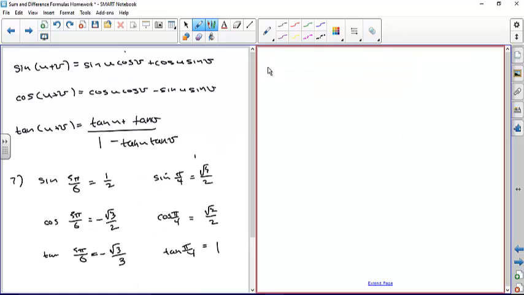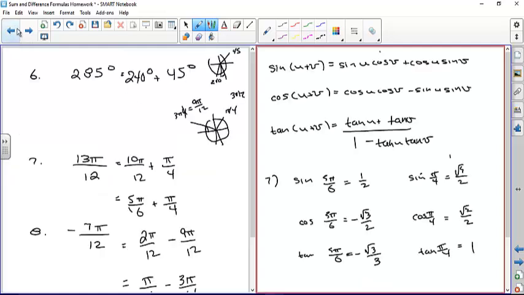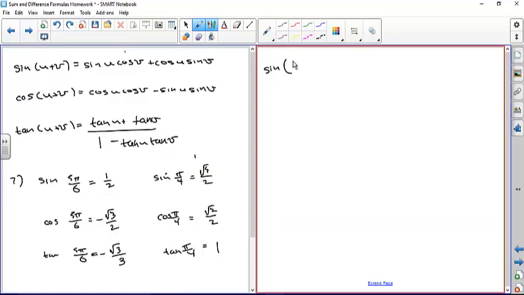So the sine of whatever the original angle was, 13 pi over 12, equals the sine of 5 pi over 6 times the cosine of pi over 4 plus the cosine of 5 pi over 6 times the sine of pi over 4.